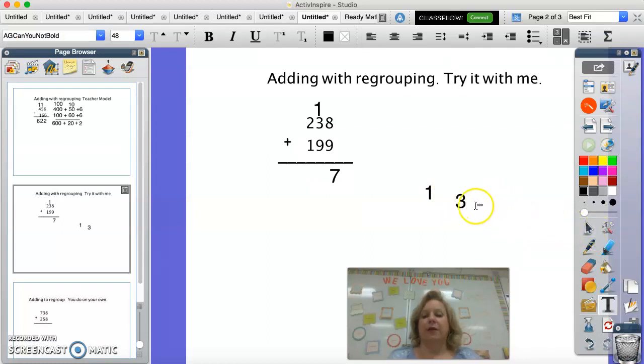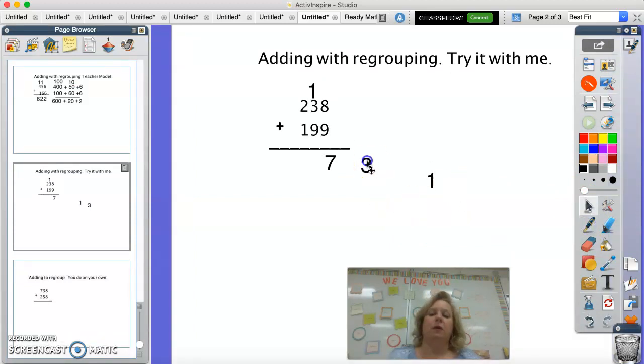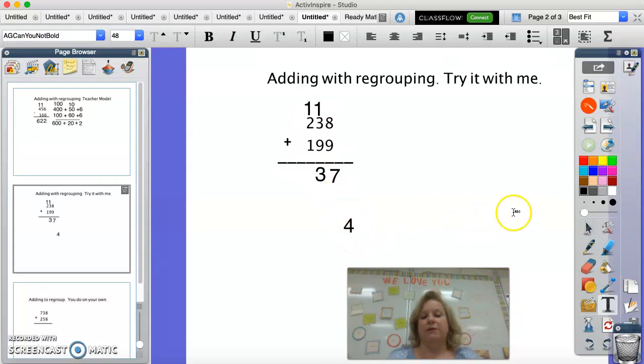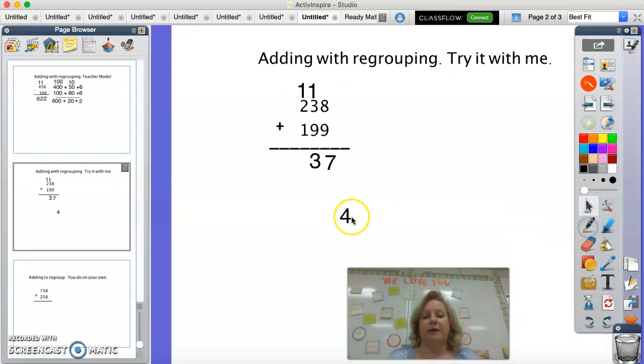I take my 3 and bring it down underneath my tens. And I've got to regroup that 100, so I'm going to put this over my hundreds place value. And then I have 2, 3, 4. So my answer is 437.